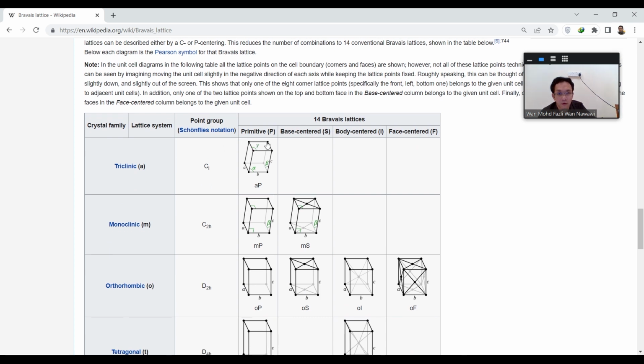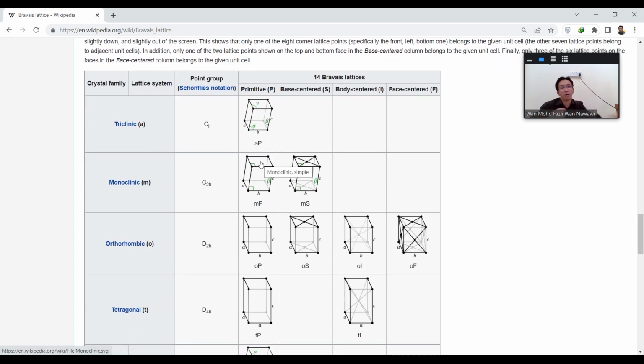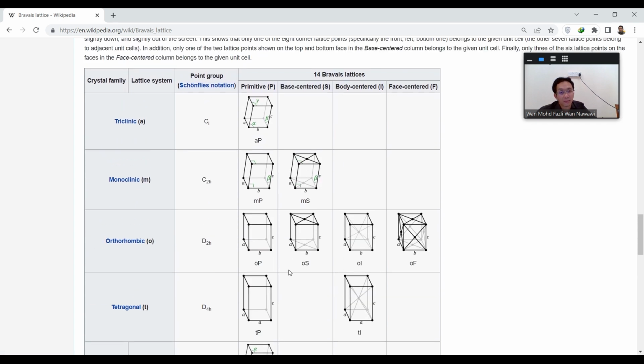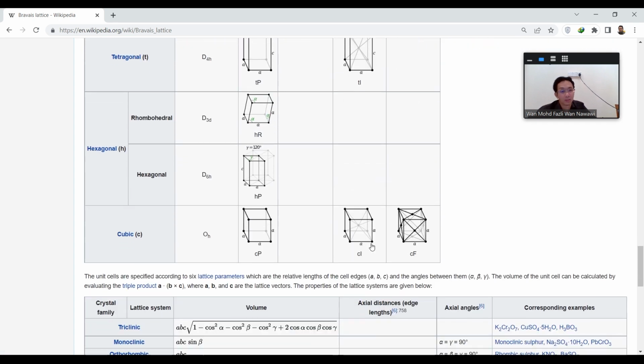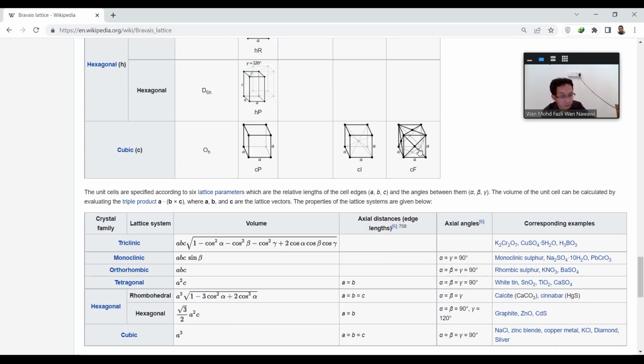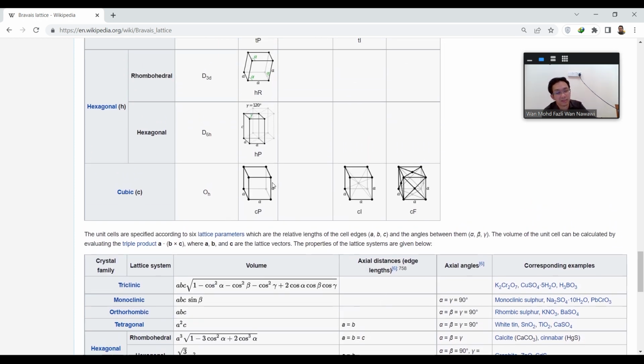This primitive unit cell is like the base of all seven crystal systems. So for the cube, the primitive is this. When you add something inside, it is what we call non-primitive. So this is basically a non-primitive cell for simple cubic like this.